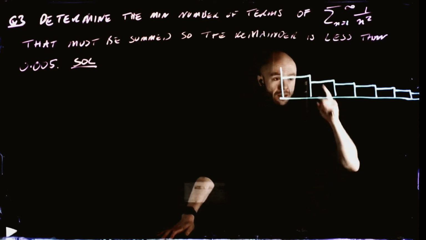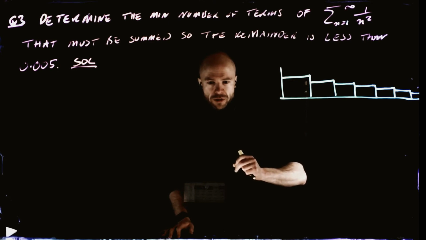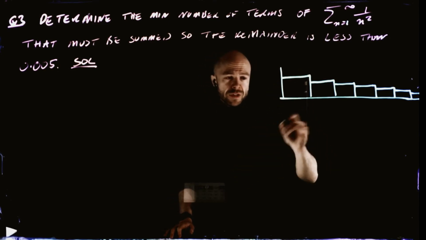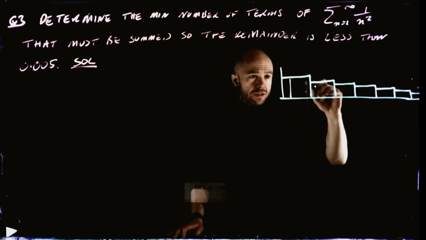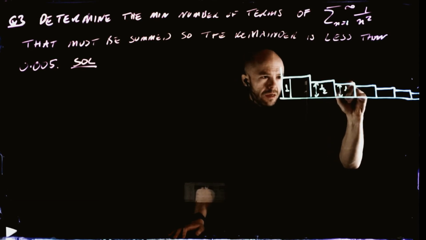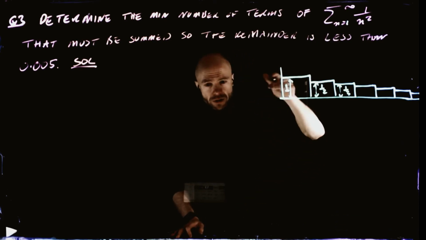So we visualize what's going on, right? This is our series 1 over n. So this guy is 1. This is 1 over 2. This is 1 over 3, and so on. And we create the function that recovers this series.